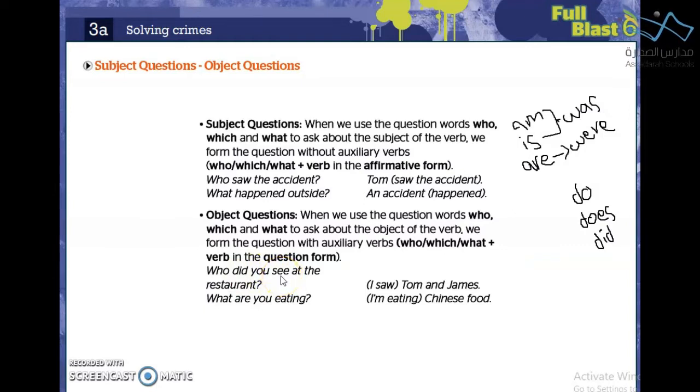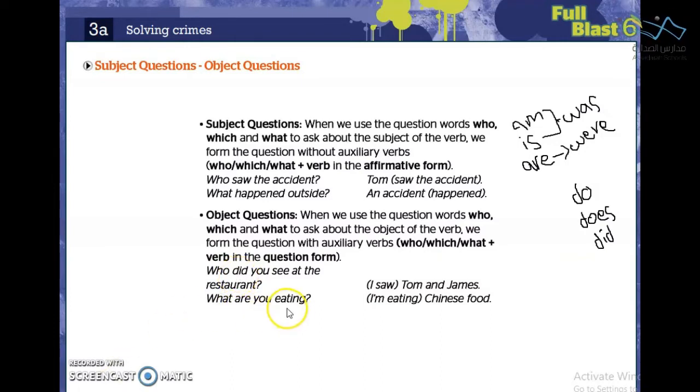And this verb, as we see here, is in its base form, that means V1. Who did you see at the restaurant? The answer will be Tom and James. Or I can say, I saw Tom and James. The tense of this question is past simple, and the indication of the past is the auxiliary verb did.